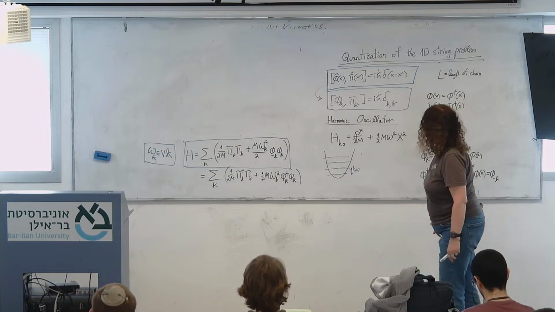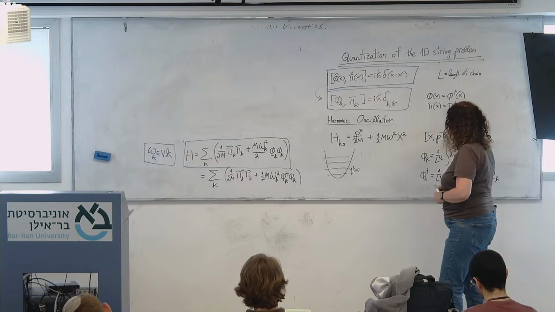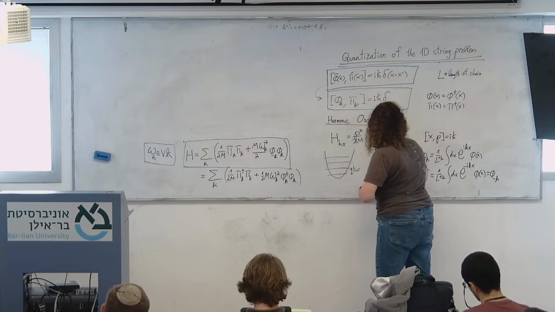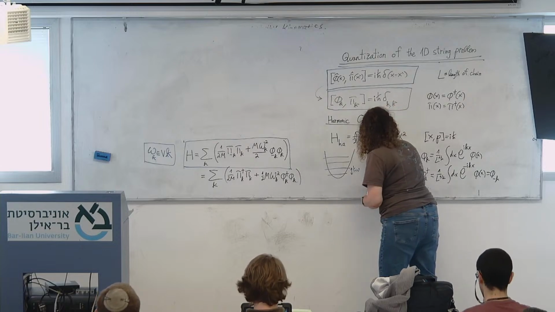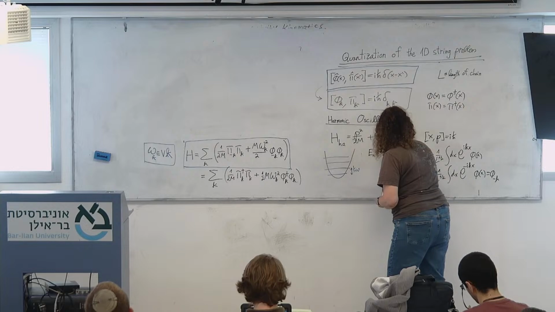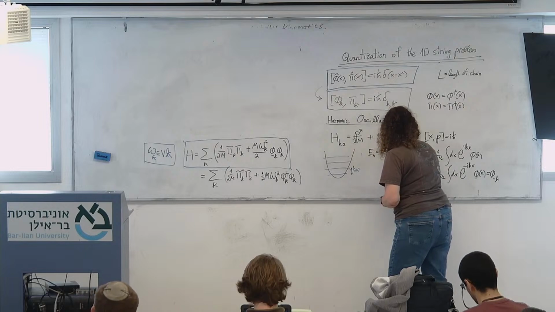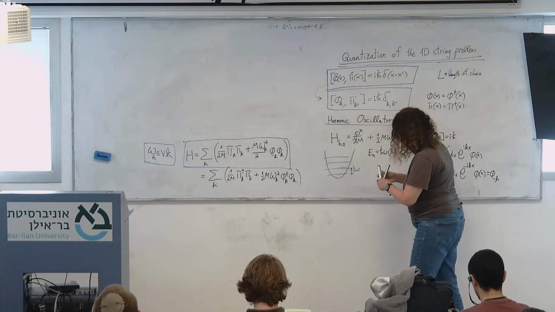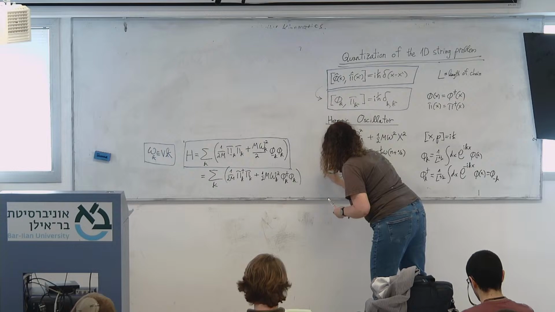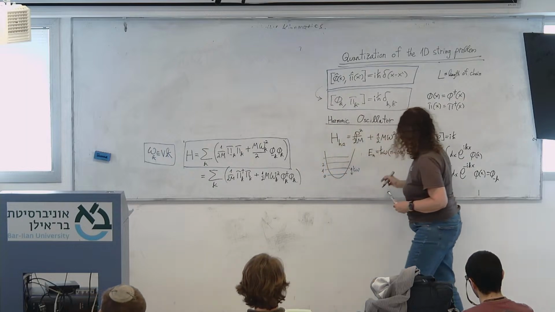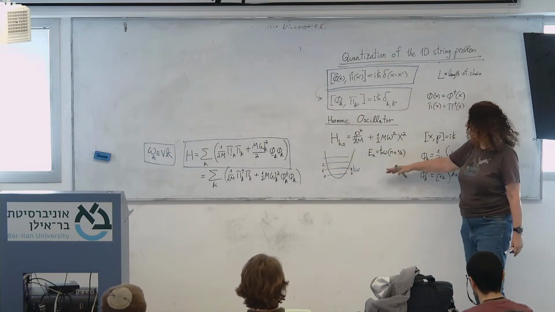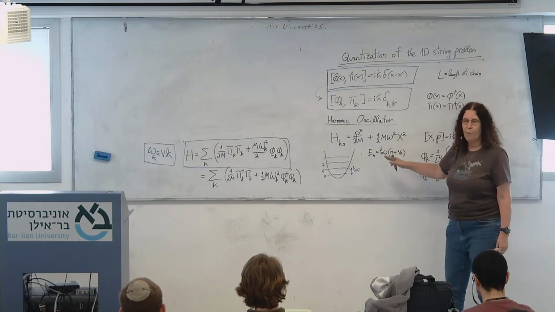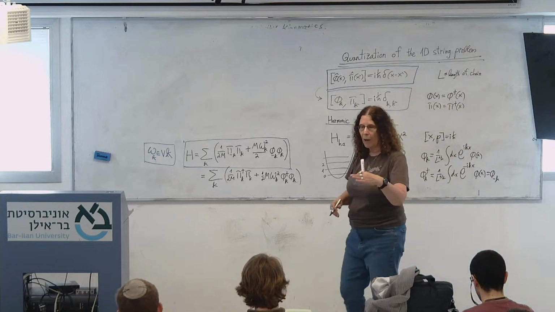And the expression for the energies is E_n equals h bar omega times n plus half, where n starts from 0, 1, 2, etc. The 0, which is the ground state, gives you a finite energy, half h bar omega, the so-called ground state energy.